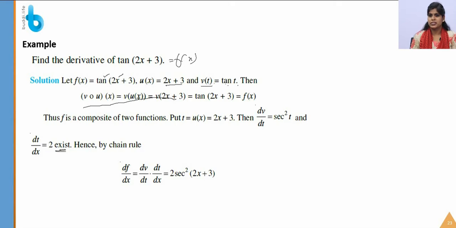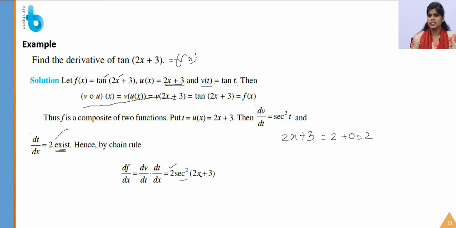What is dt by dx here? That is differentiating this with respect to x. So 2 into x plus 3: 2 into x is 2, plus 0, which is 2, no? Hence by the chain rule, df by dx equals dv by dt into dt by dx. dv by dt is secant square t and dt by dx is 2.